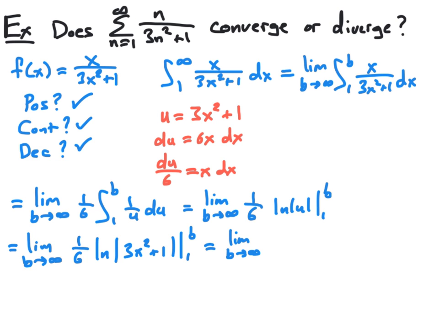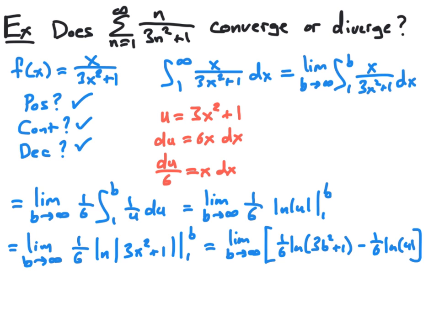So here we have the limit as b approaches infinity of 1/6 times the natural log of 3b squared plus 1 minus 1/6 times the natural log of 3 times 1 squared plus 1, which is 4. So here we have 1/6 natural log 3b squared plus 1 minus 1/6 natural log of 4, and then we want to take the limit as b approaches infinity of that.